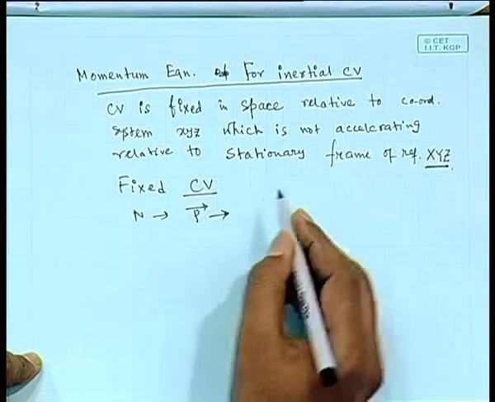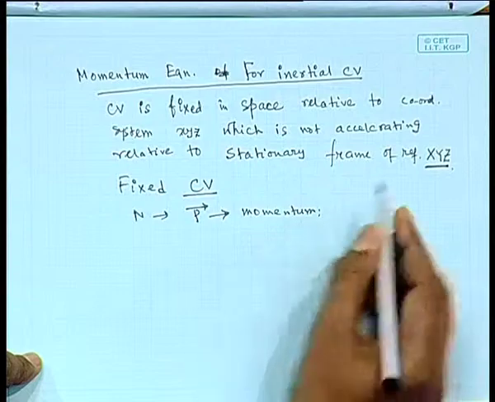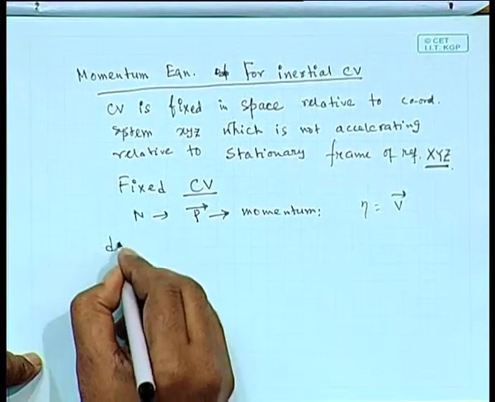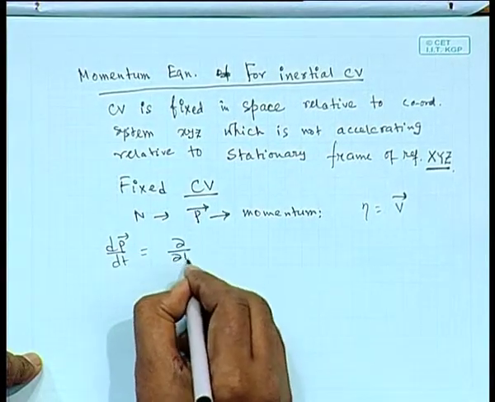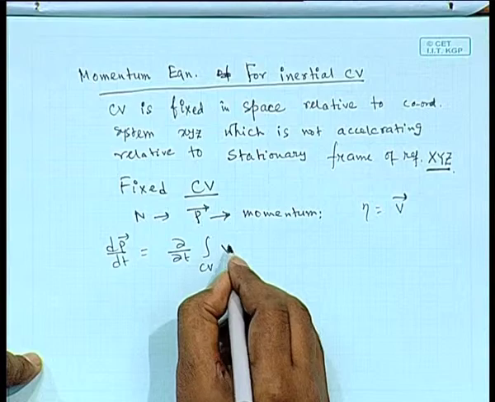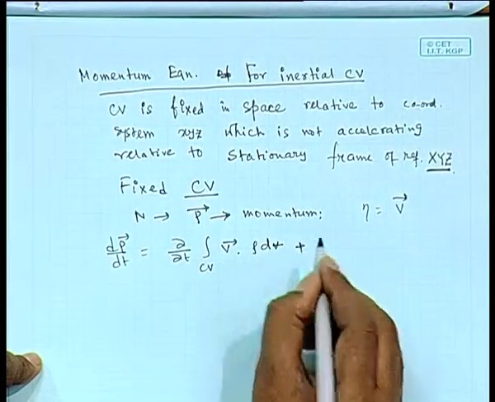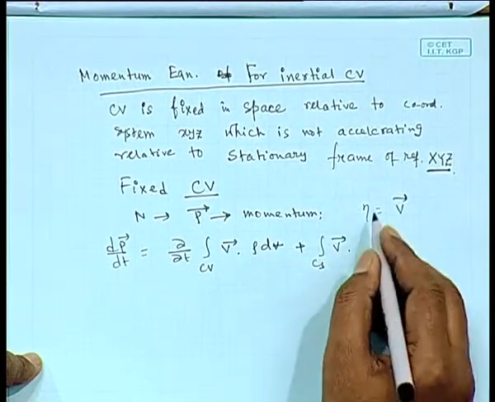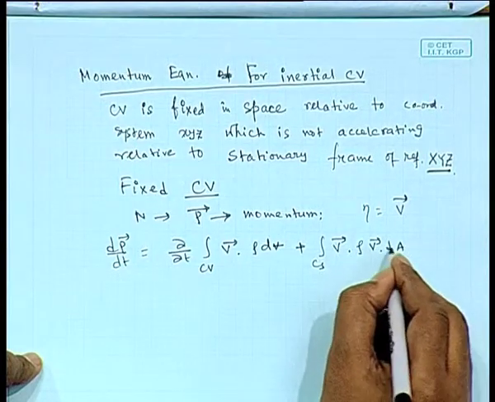Let us say the property N is momentum, so eta will be velocity. So, the form of the momentum balance equation will be like this.